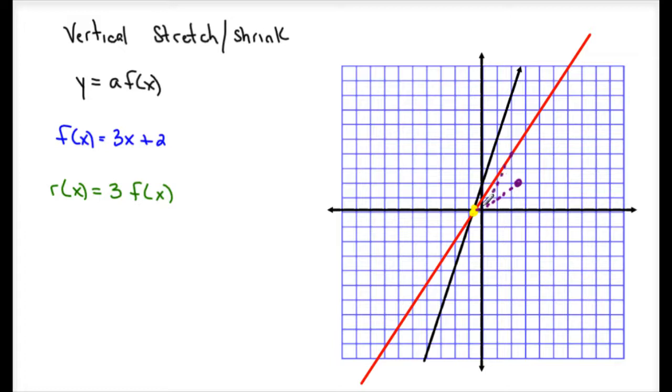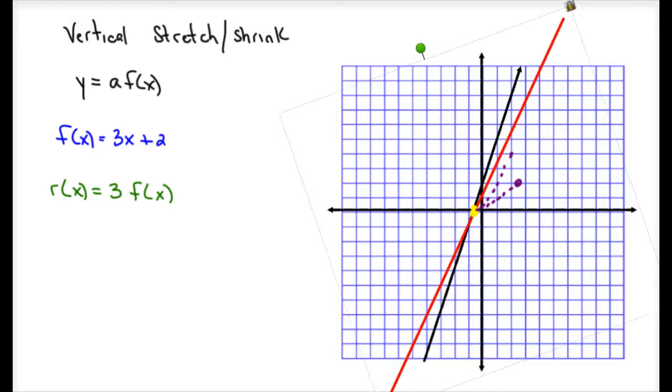Now this distance is going to increase because it's getting further and further away from the origin. Is this distance shrinking or stretching? For a vertical transformation, as my a value gets bigger and bigger, this becomes a stretch.